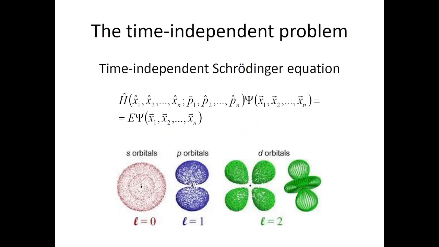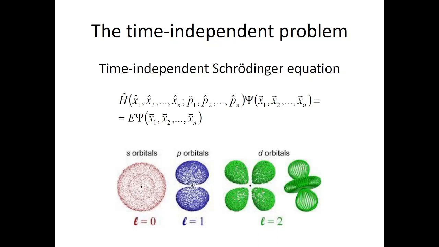So let's start from the quantum many-body problem, and let's define the problem that we have at hand. The quantum many-body problem can be subdivided into two different problems. The first one is the time-independent problem, and the second one is the time-dependent problem.